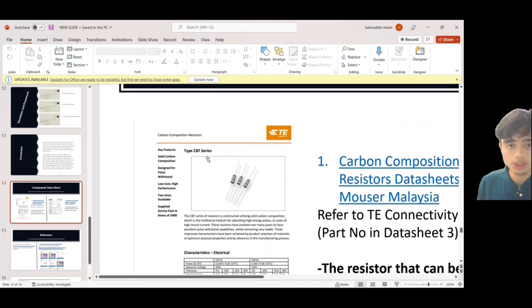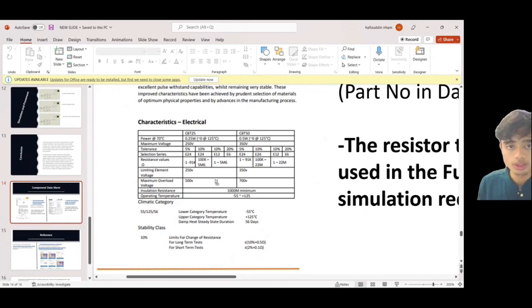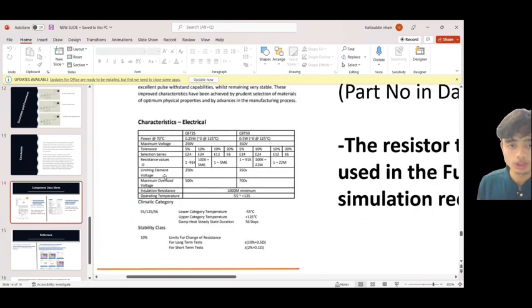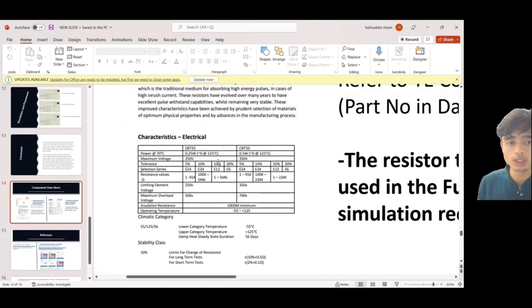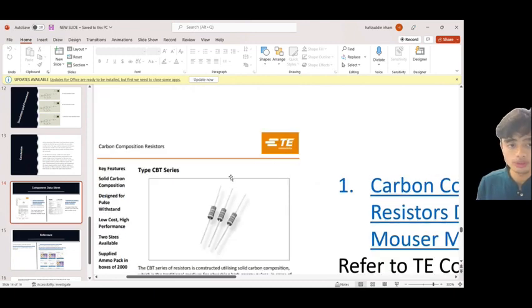This type of capacitor is the CVT series, and this is about the rating and the datasheet that have been provided by this company.